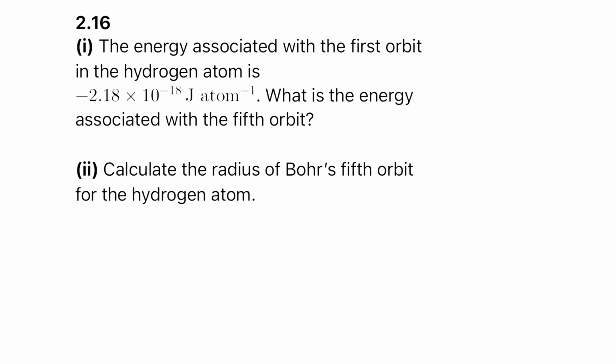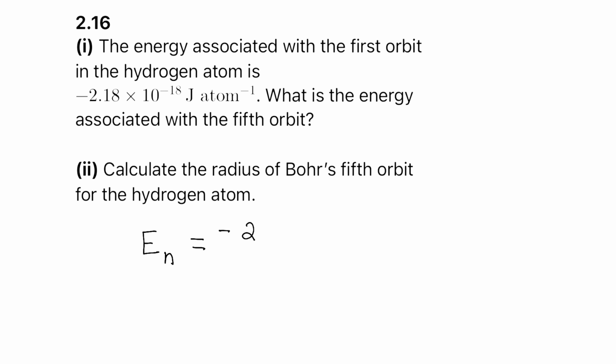Clear, right? The energy associated with the first orbit in the hydrogen atom is minus 2.18 into 10 raised to minus 18 joule per atom. What is the energy associated with the fifth orbit? Straight question. For doing this question, you must know the equation for the energy of an electron in the nth shell.